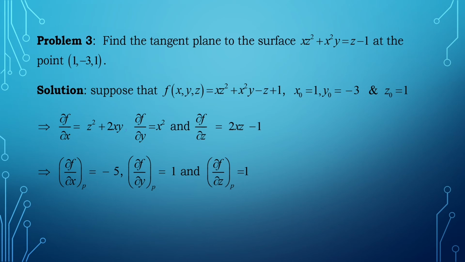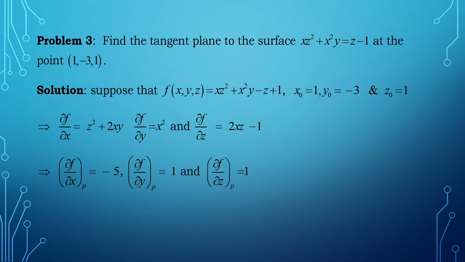To find out the tangent plane, first we have to find out the partial derivatives dou f by dou x, dou f by dou y and dou f by dou z. In this case, dou f by dou x becomes z square plus 2xy. Dou f by dou y equals x square. Dou f by dou z equals 2xz minus 1.